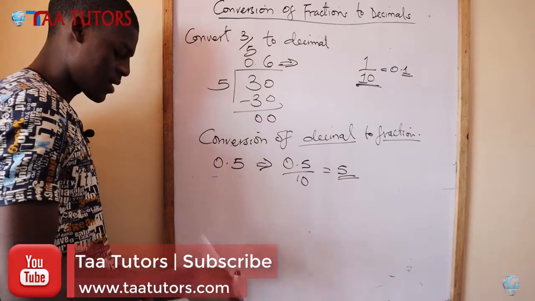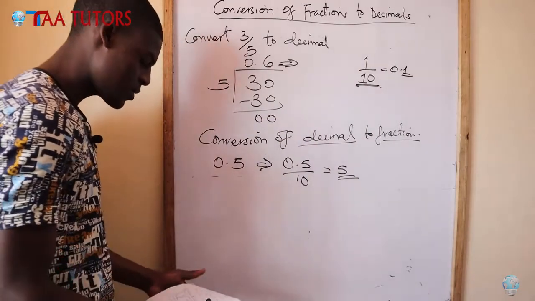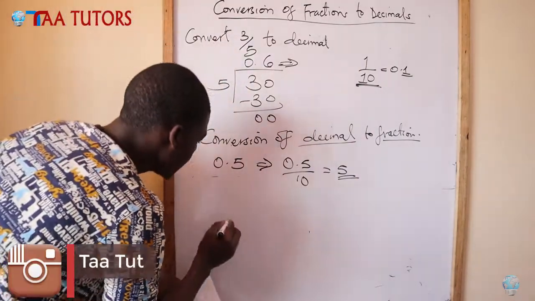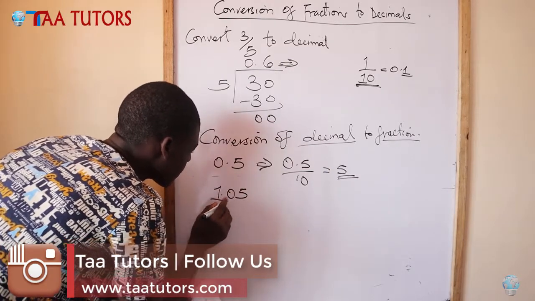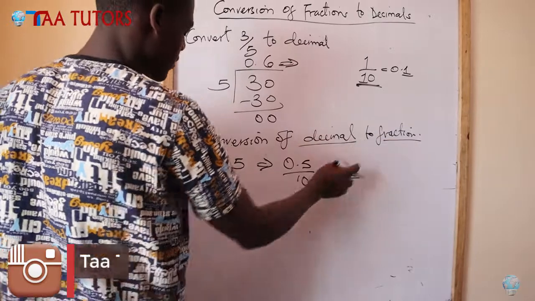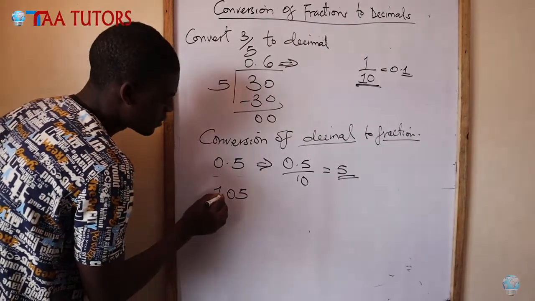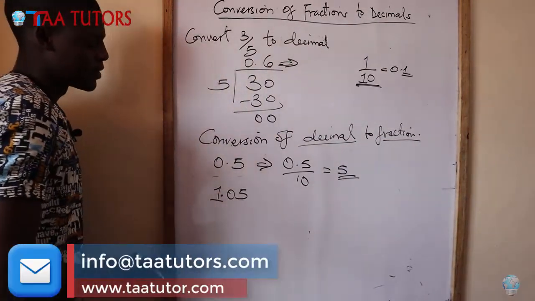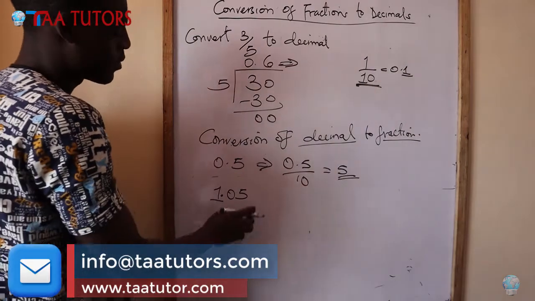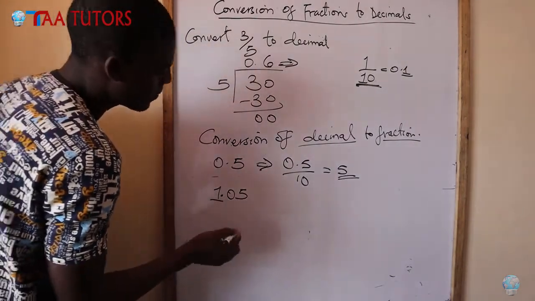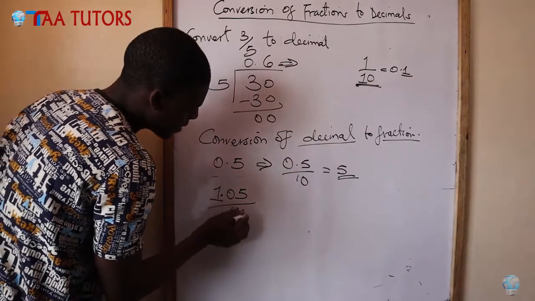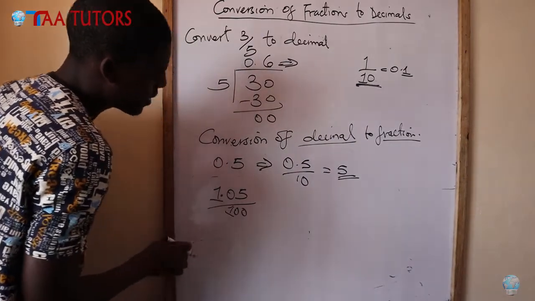If we can do other examples, we have 1.05 to be converted to a fraction. It is a decimal, 1.05. So here we have 2 decimal places. 2 decimal places is as a result of division by 100. So we will divide this number by 100.